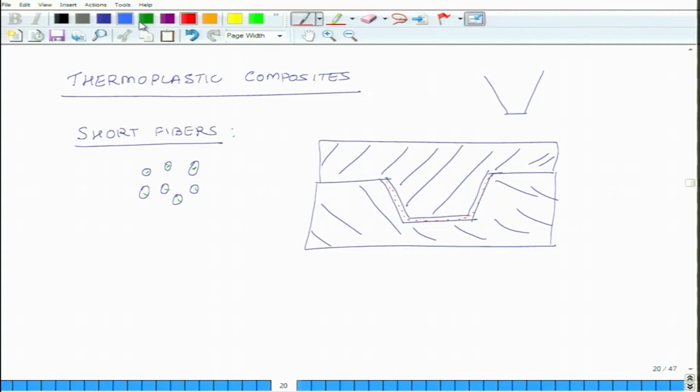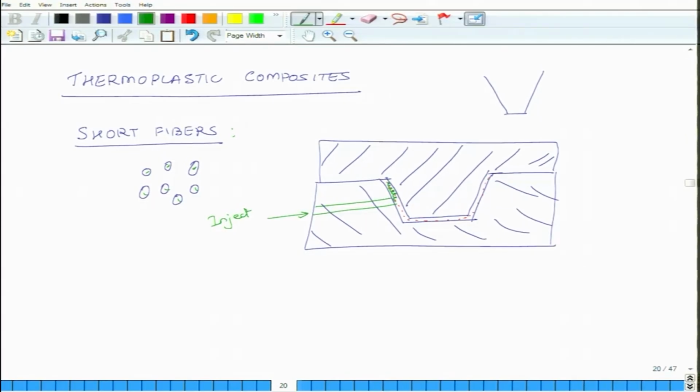So, what you do is you have a passage for the composite to flow in, and from here you inject at very high pressures the molten form of these short fiber composites.